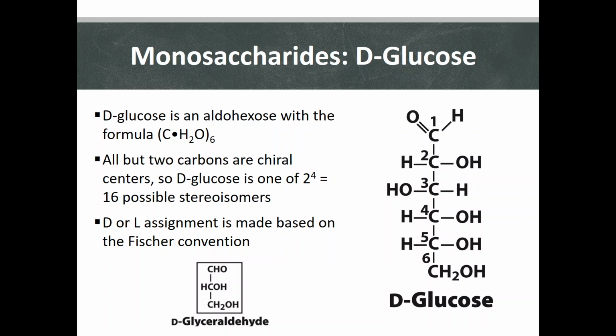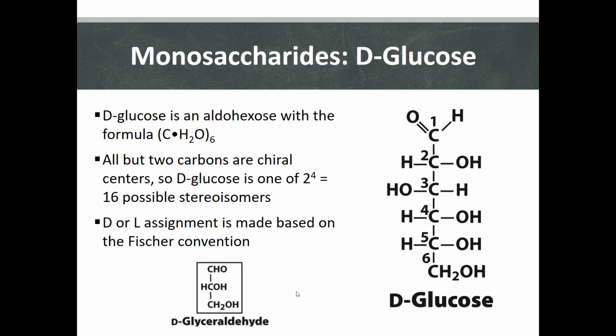Now, again, much like we did for the amino acids, we're going to base this on glyceraldehyde. If we look at the structure of glyceraldehyde over here, you'll see that in Fischer projection form, D-glyceraldehyde has the hydroxyl group at its lone chiral center pointed to the right.